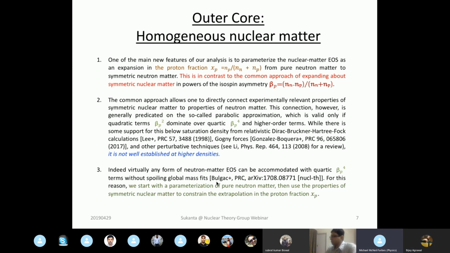This is a very important point and somewhat controversial, because there are these calculations with perturbative techniques, etc., that say what you learn in nuclei should tell you something about the neutron matter equation of state, but we don't see any reason that should hold, at least at higher densities. And we find that when we allow these beta to the fourth terms to be included, we can allow for almost any neutron matter equation of state, and so they kind of decouple.